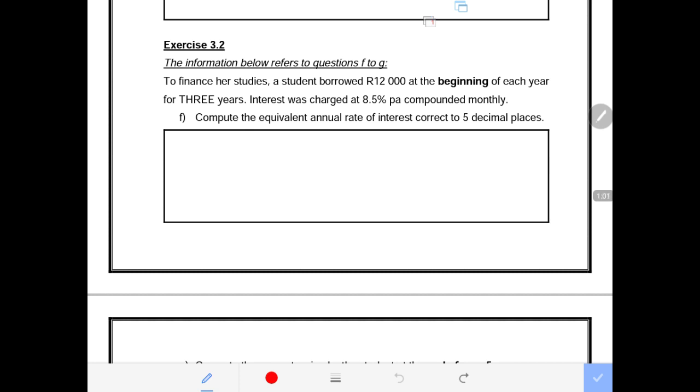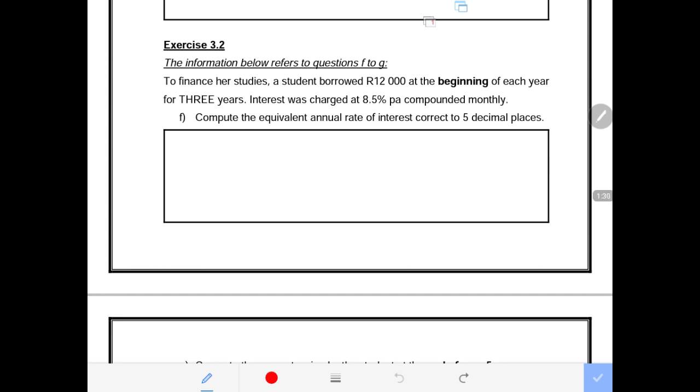It says to finance her studies, a student borrowed 12,000 at the beginning of each year. Take note, the amounts are borrowed at the beginning of each year for the next 3 years, and interest was charged at 8.5% per annum compounded monthly, meaning every month interest was accumulated to this loan.